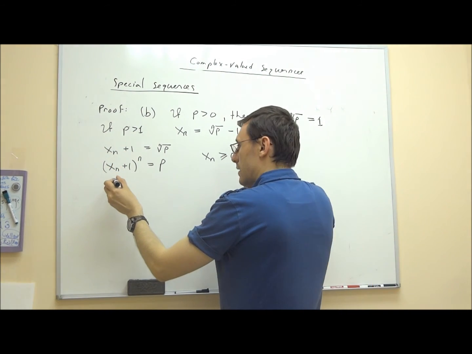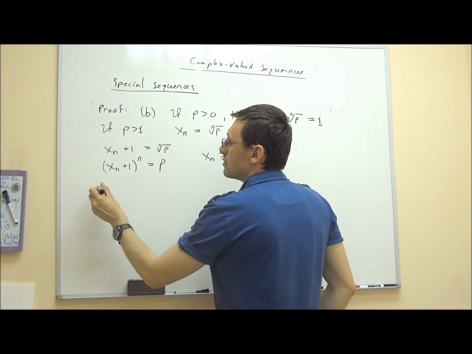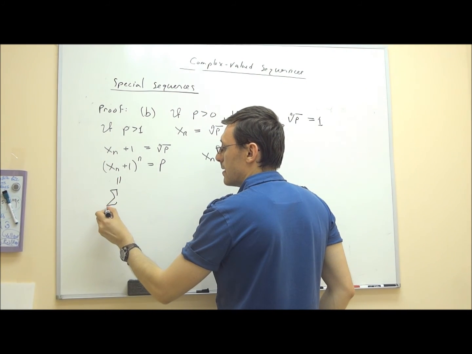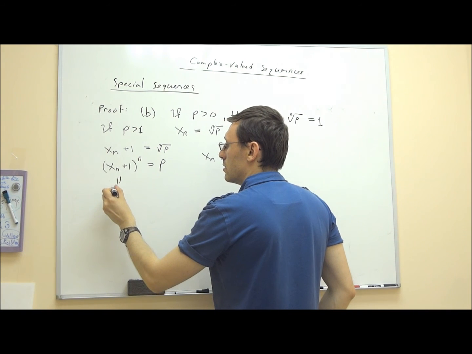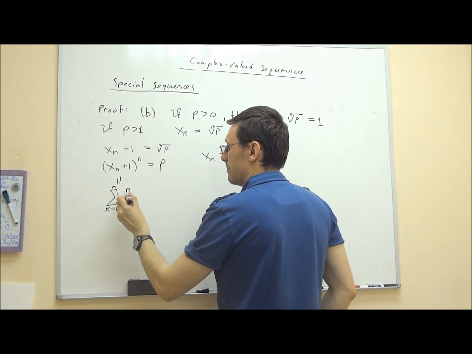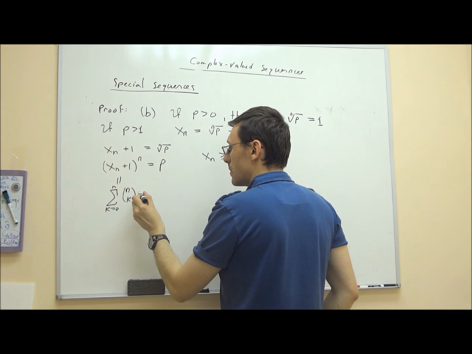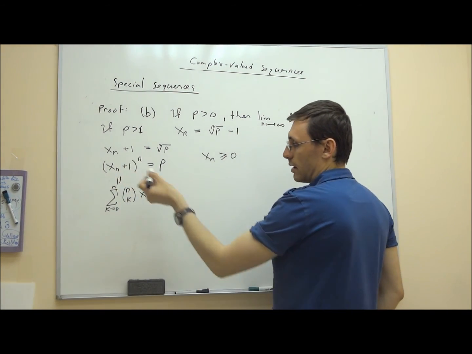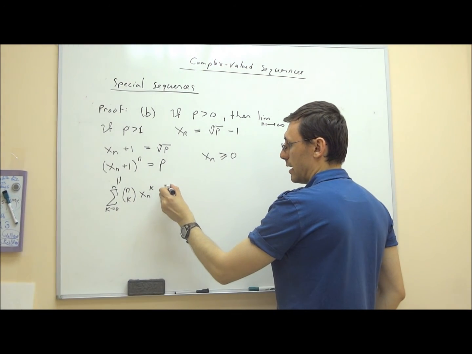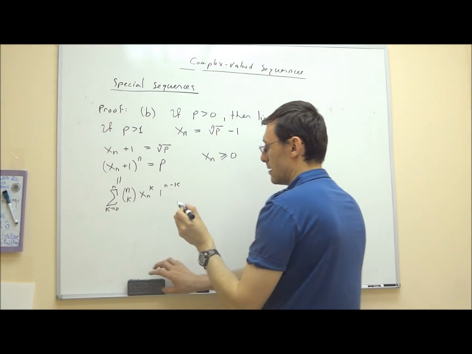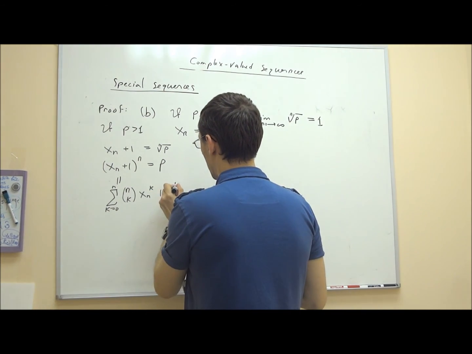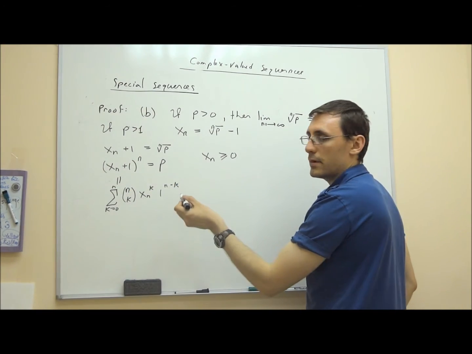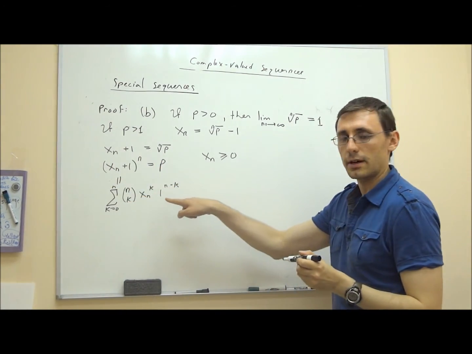So what does it mean? If we raise it to the nth power, by the binomial theorem this is the same as the sum, k equals 0 to n, n choose k, xn to the power of k, times 1 to the power n minus k. Each of the terms in the sum is a positive number, right?